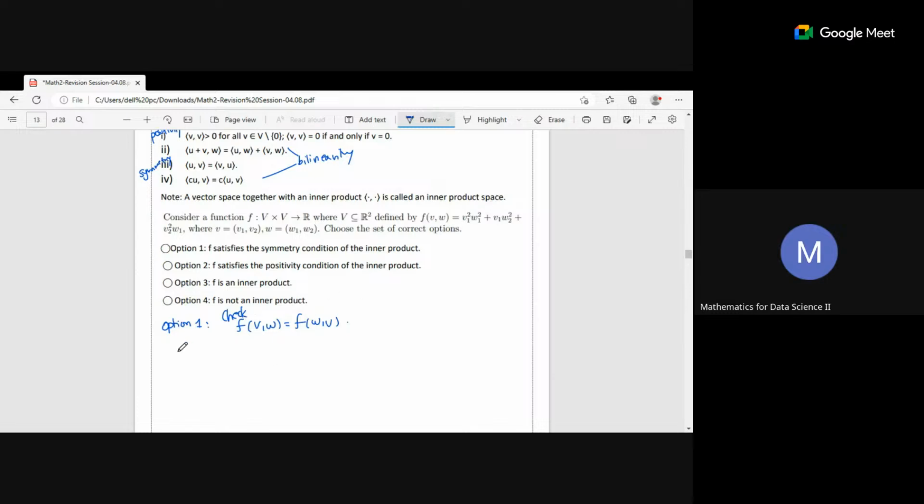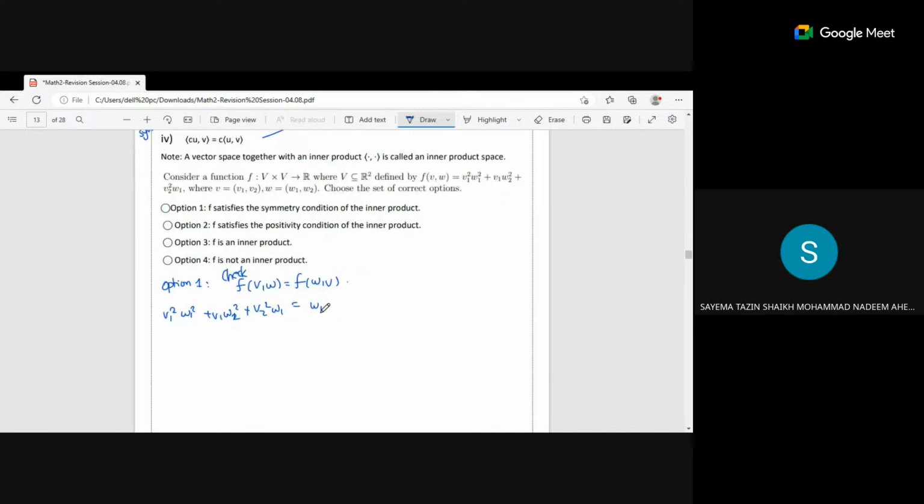So f of V comma W is already given to you, so let us simply write whatever is given. Okay, and what is f of W comma V? W1 square V1 square plus W1 into V2 square plus W2 square V1.